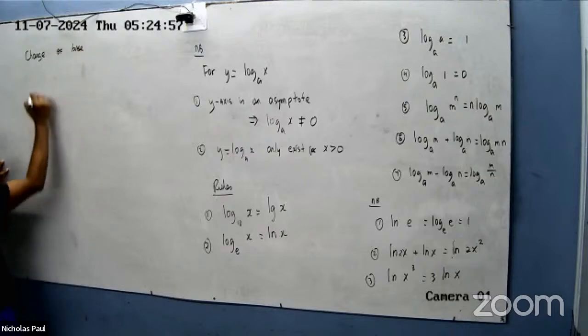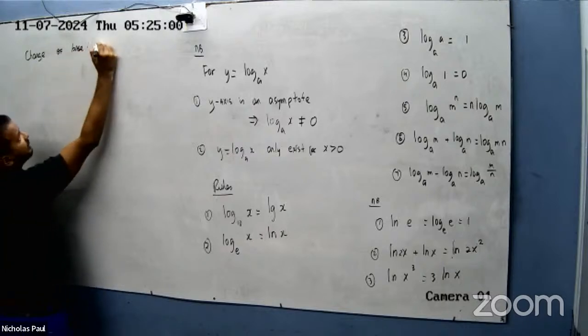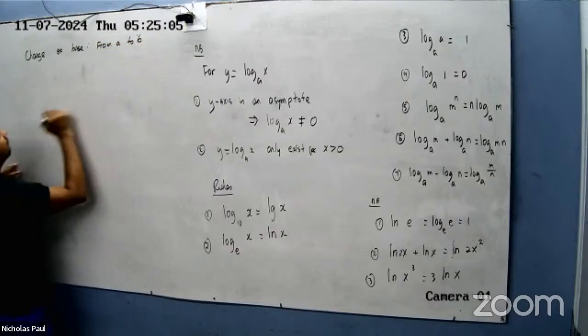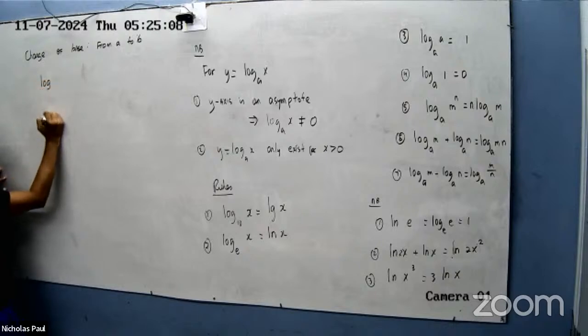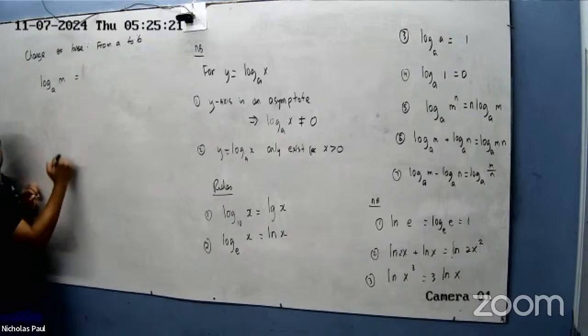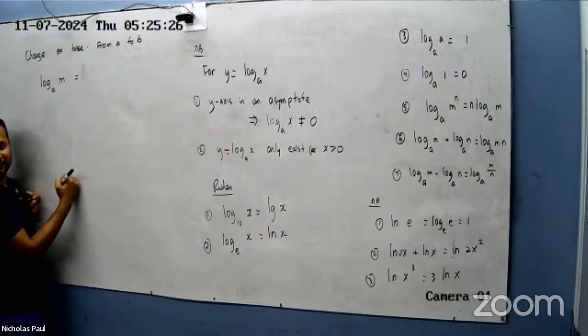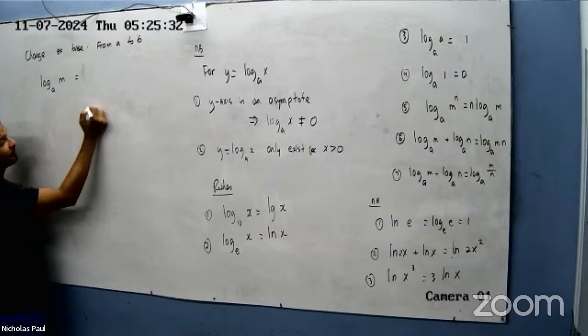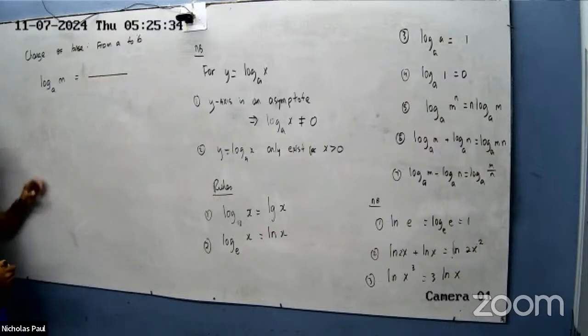All right, suppose I want to change the base from A to B. So if I give you log to the base A of M, and I want to change log to the base A to the base B, what do you do?